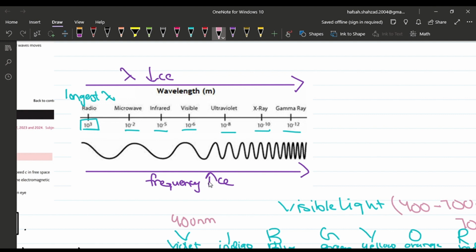So it tells us that EM waves can travel in space, and they have a speed of 3 × 10⁸ meter per second denoted by C. All these waves, from radio to micro to gamma, even the visible ones, all the colors in the visible light spectrum, they travel with a speed of 3 × 10⁸ in vacuum.